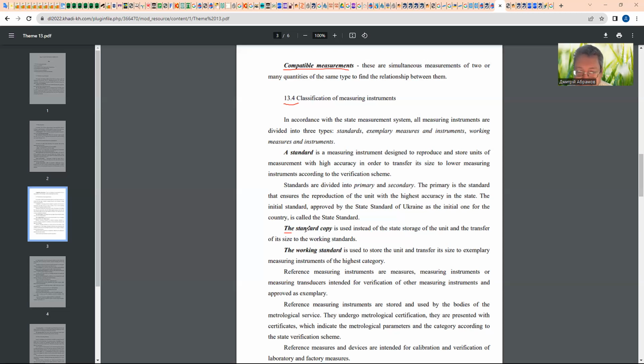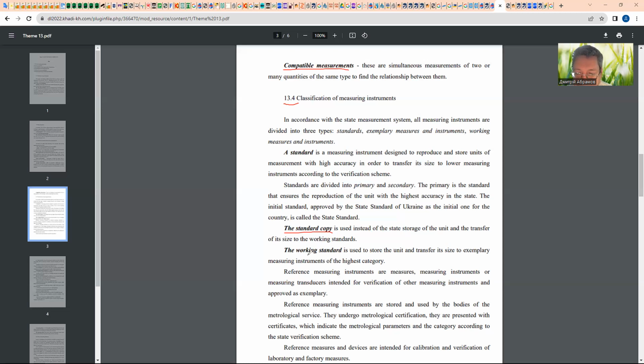The standard copy is used instead of the state standard for storage of the unit and the transfer of its size to the working standards. The working standard is used to store the unit and transfer its size to exemplary measuring instruments of the highest category.